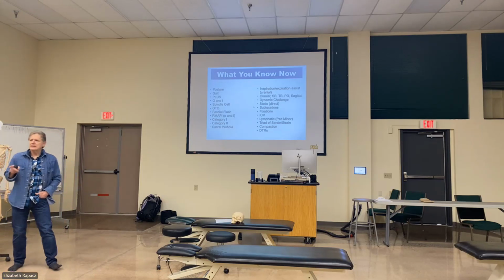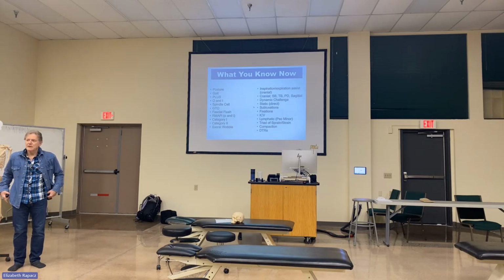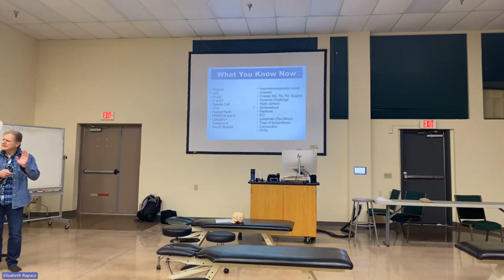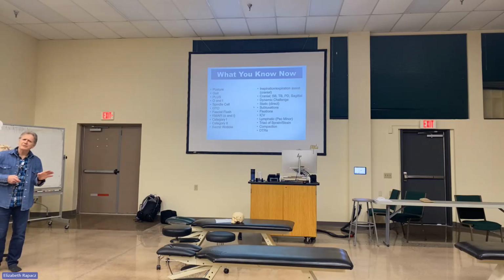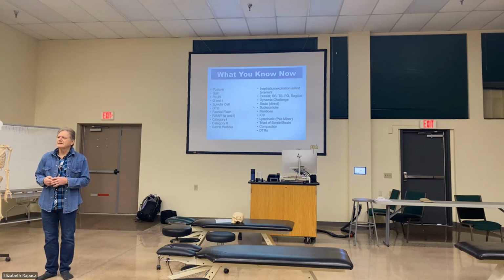Dynamic challenge, spine, cranium, teeth, sacrum, but not the hips. Hip joints are going to respond to static challenge. The actual hip joints. Questions on that? I've had questions before. I hope they clear.